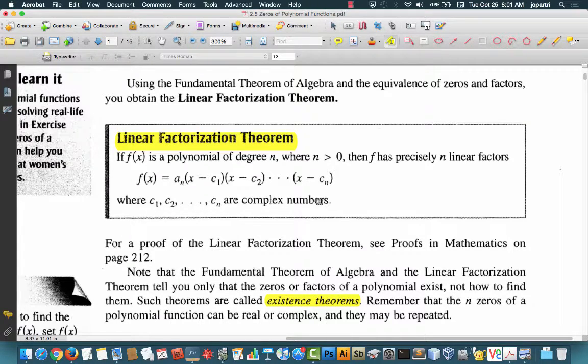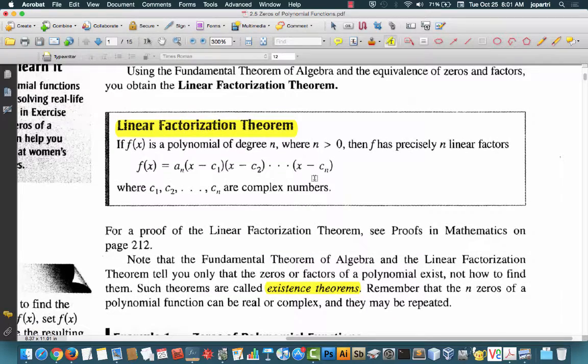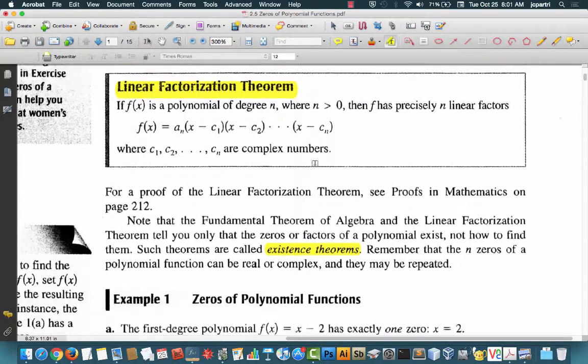Again, remember that real numbers are part of the complex number system. Typically in the past, when we've done a linear factorization, we've dealt with specific real numbers, but we've expanded our idea of what a number can be.